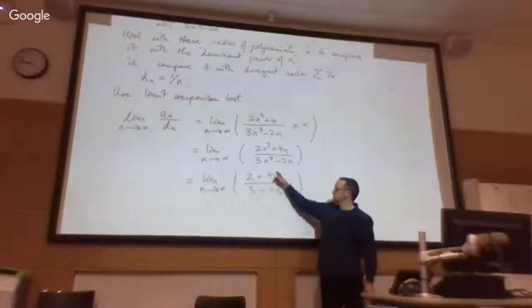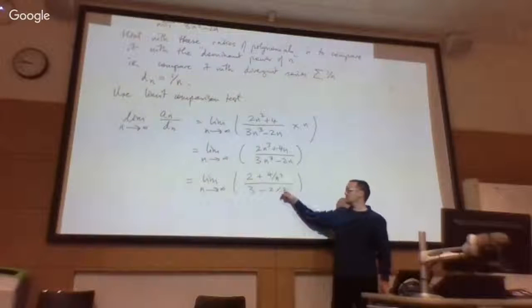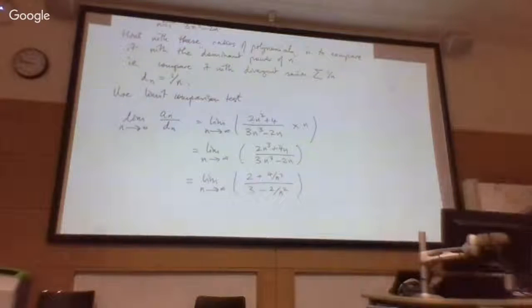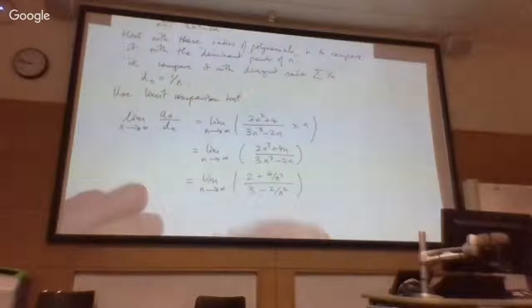This part converges to 0 as n goes to infinity, and so does the minus 2 over n. So this limit is equal to 2/3 by the algebra of limits theorem.